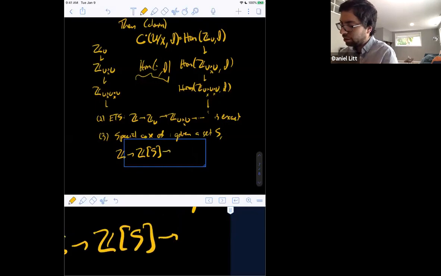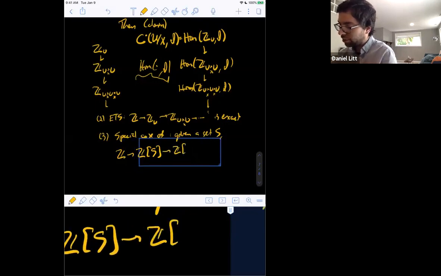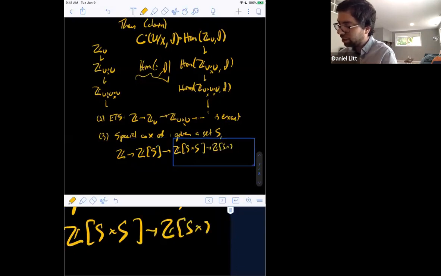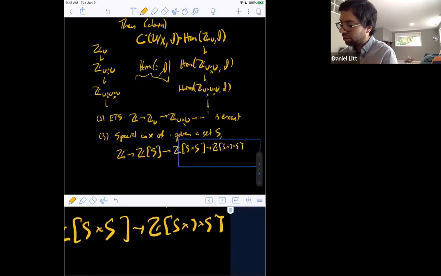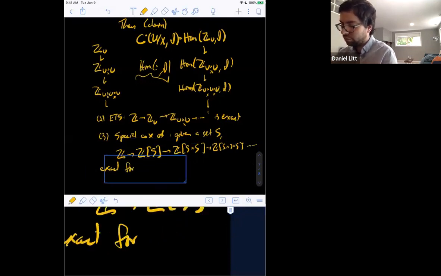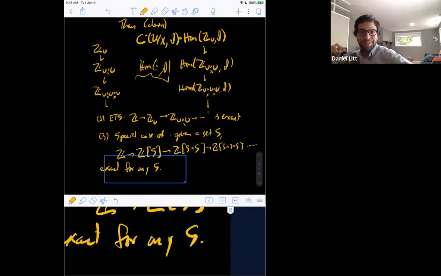This goes to Z of S cross S, this goes to Z of S cross S cross S, and so on and so forth. Okay, and this is always exact for any set S. Does anyone know what the proof of this is? It's very closely related to something we did when we did descent.